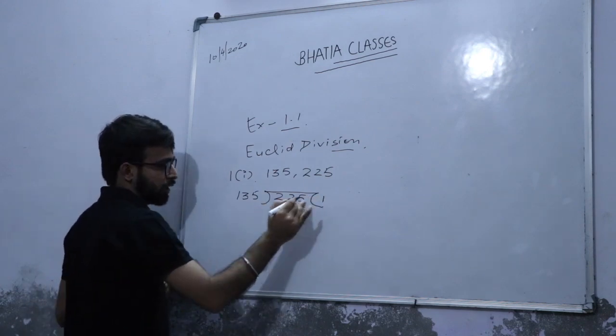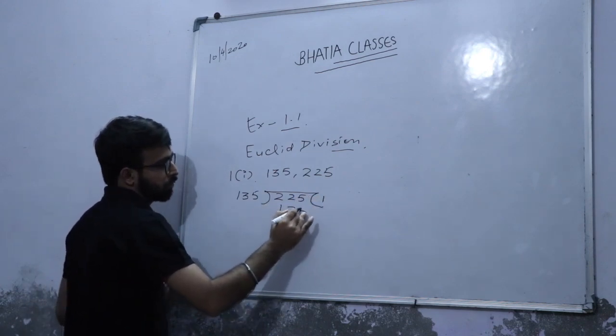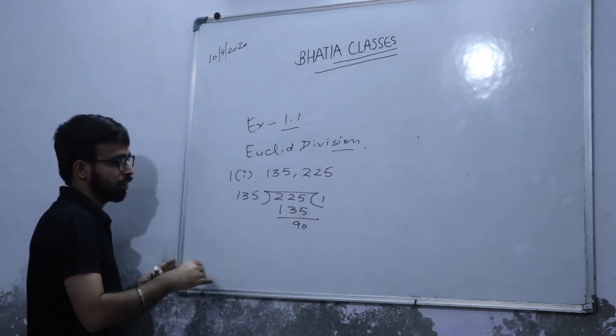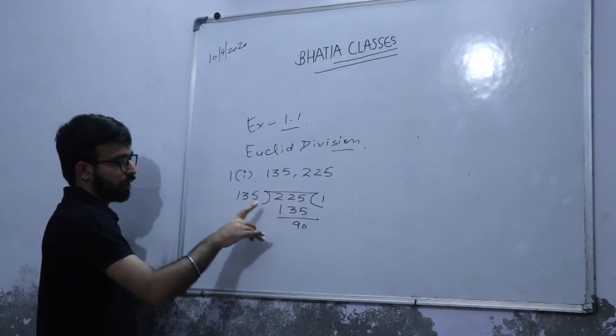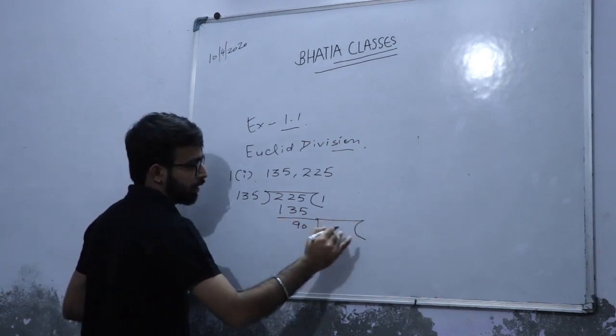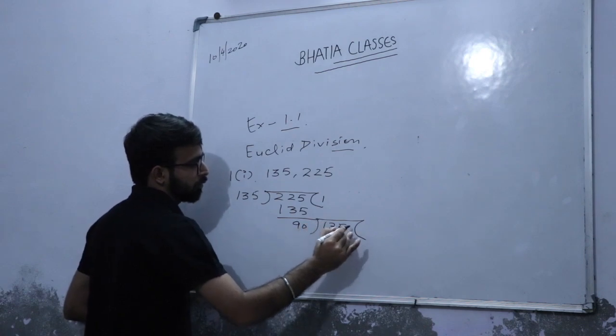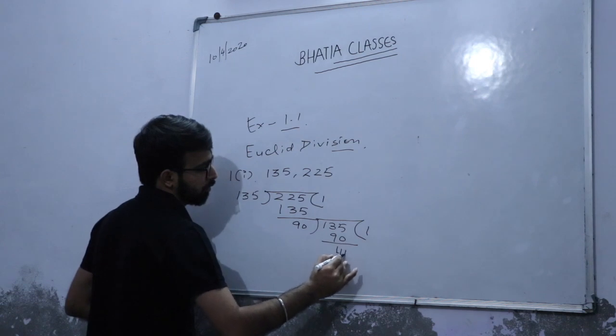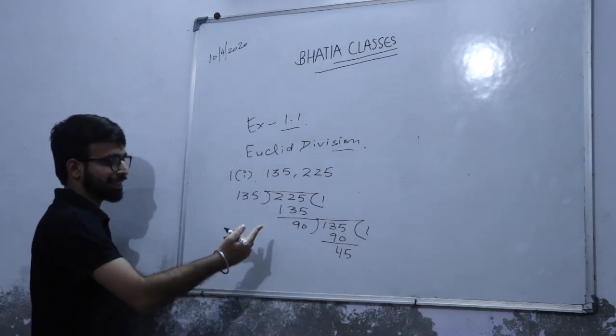135 is to 135. By subtracting, you got 90. Here 90 can't be divided by 135, so you will take 135 as a divisor. 135. 91 is to 90. Remainder is 45. Again repeat that step.